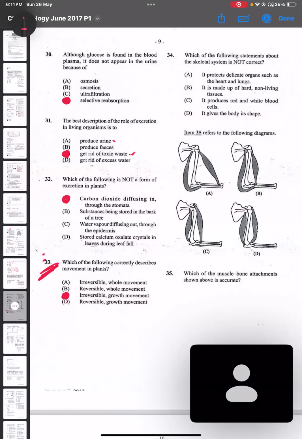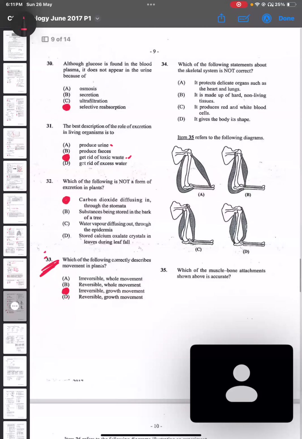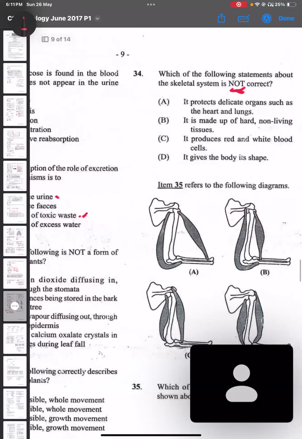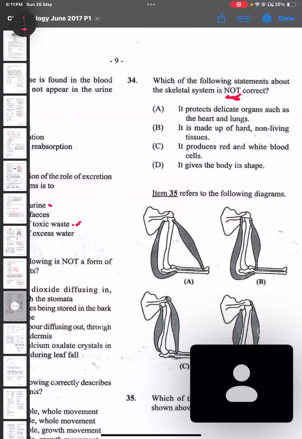Moving on, 34. Which of the following statements about the skeletal system is not correct? So what's not correct about the skeletal system? A, B, C, or D? We know that it gives the body its shape. We know that it produces blood cells.